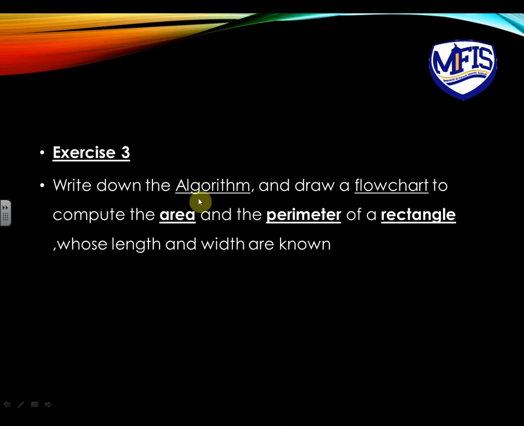Write down the algorithm, as we agreed, and draw a flowchart. We have in this case to start by defining the problem, and then we can write the algorithm and draw a flowchart to get the area and the perimeter of a rectangle.